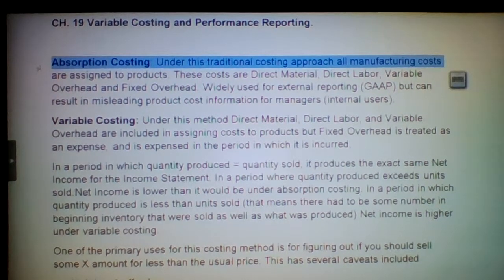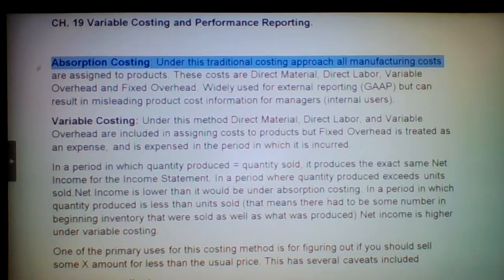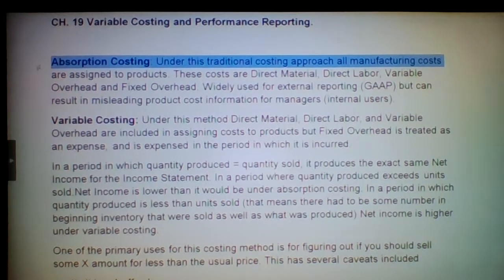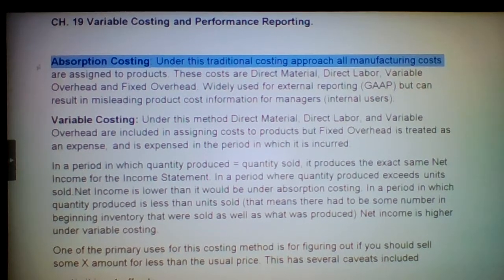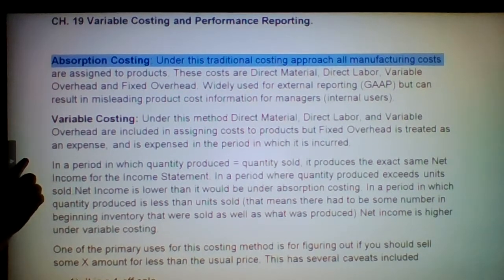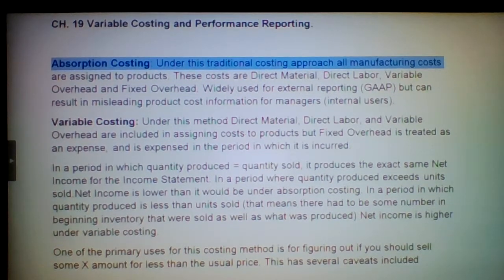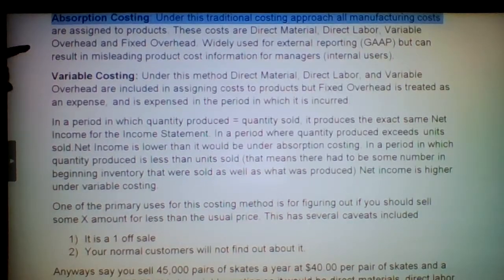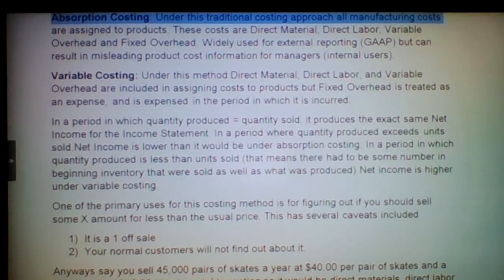compliant. And again, like we talked about, management accounting is for internal users only, so it is not regulated by rules such as GAAP. So again, Chapter 19 was about variable costing and performance reporting. In your book, it goes through and tells you all of this, and it takes several pages to tell you that.